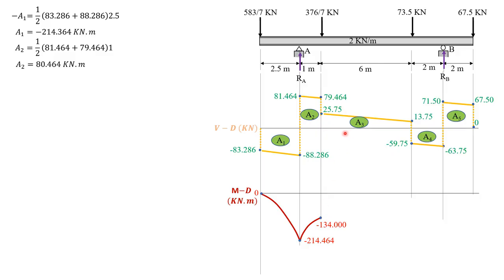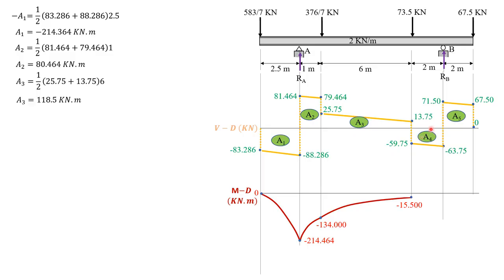Negative 134 plus area 3. Area 3 is 0.5 of quantity 25.75 plus 13.75 times 6. Area 3 is equal to 118.5 kilonewton meter. So negative 134 plus 118.5 is negative 15.5.